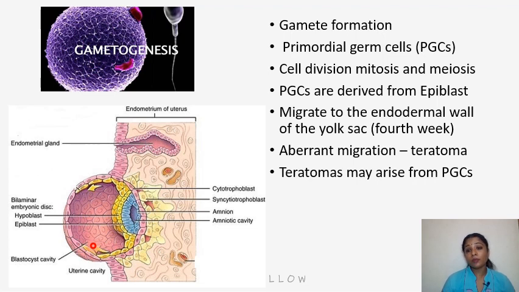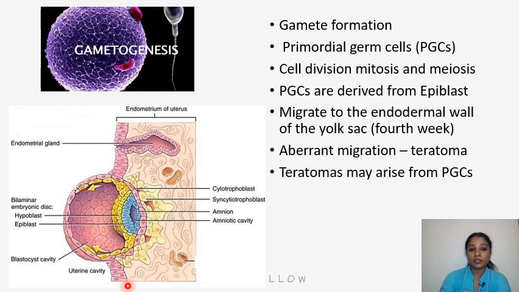The intermediate mesoderm will give rise to the genital system. At that point we see the primitive gonads, which are undifferentiated; we don't know whether it is a male or female gonad, so it is called the indifferent gonad. These cells go and settle in the indifferent gonad and remain in a dormant stage.